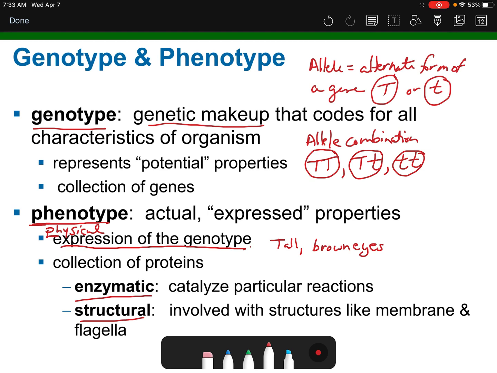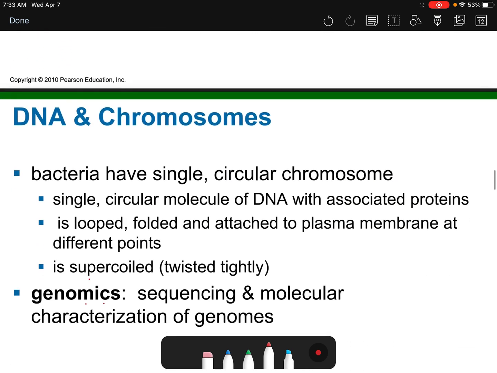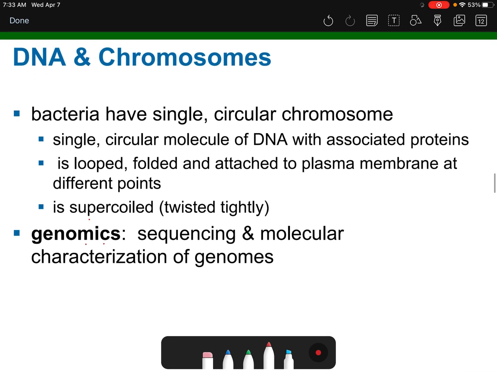Now, just a reminder that bacteria have a single circular chromosome, as opposed to we have 23 pairs of linear chromosomes. Bacteria only have one single circular chromosome, and that can be associated with different proteins. It's looped and folded, and it's attached to the plasma membrane at different points.